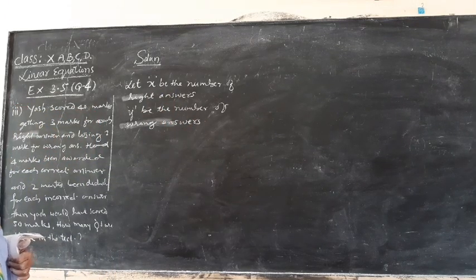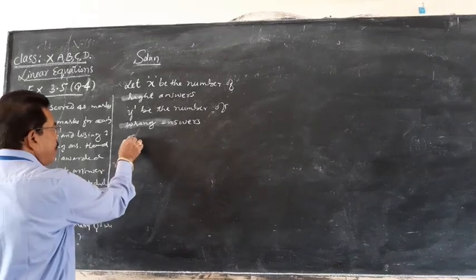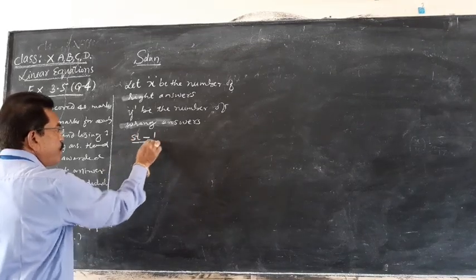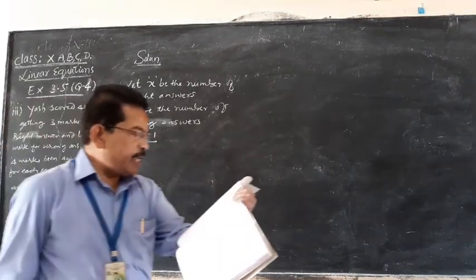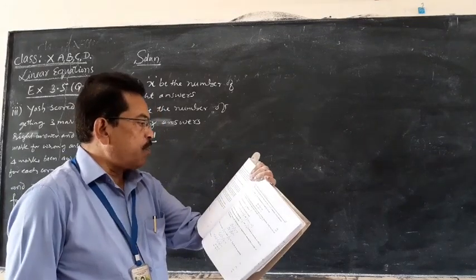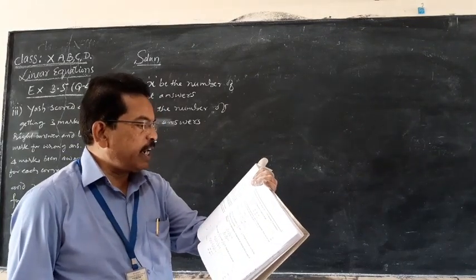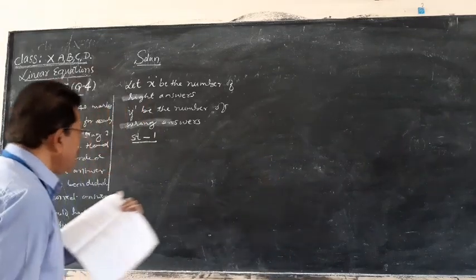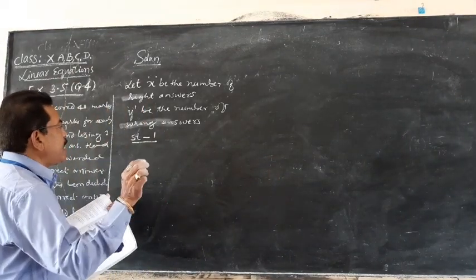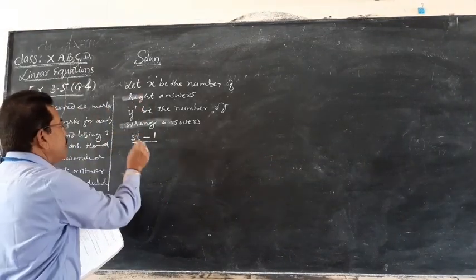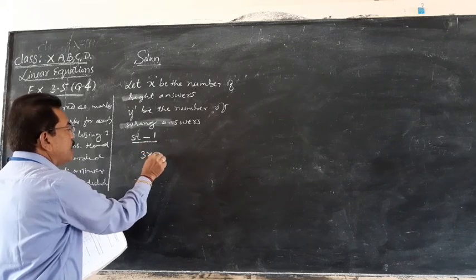Now, according to statement 1: scored 40 marks in the test, getting 3 marks for each right answer. Right answers are x, so 3 into x, 3x.